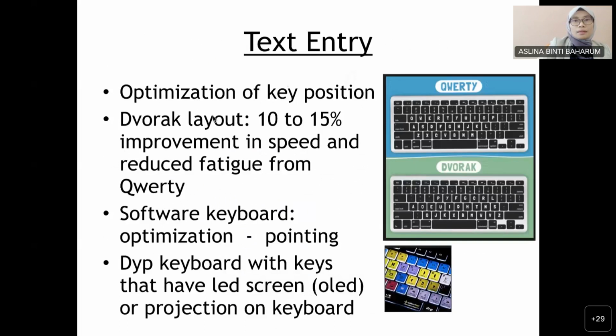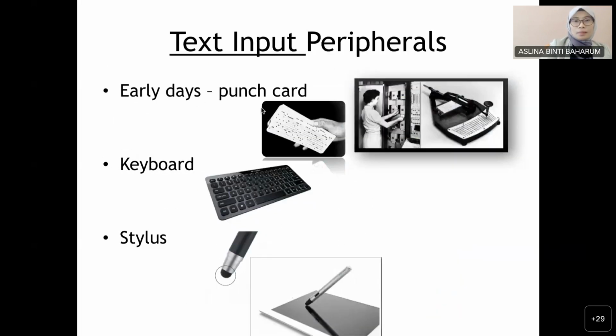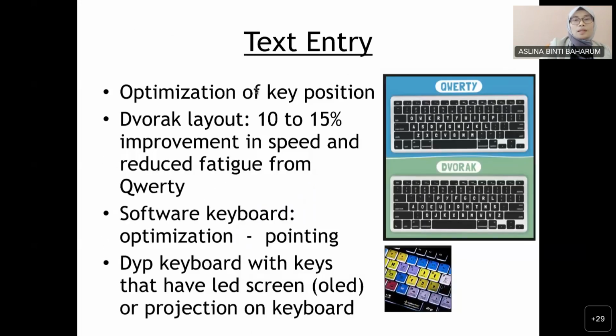When talking about text input, punch card just now is a text input. Not necessarily you need to type in or write. Punch card also actually is a text input. But when we talk about text entry, you key in the text, we give text input. So normally it is a keyboard.